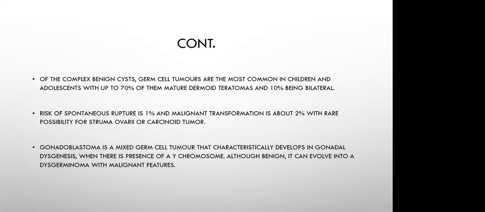In the germ cell tumors, although benign lesions are common, it can evolve into a dysgerminoma as well with malignant features. The dysgerminoma may be considered one of the most common germ cell tumors. And we have some information regarding the dysgerminoma.